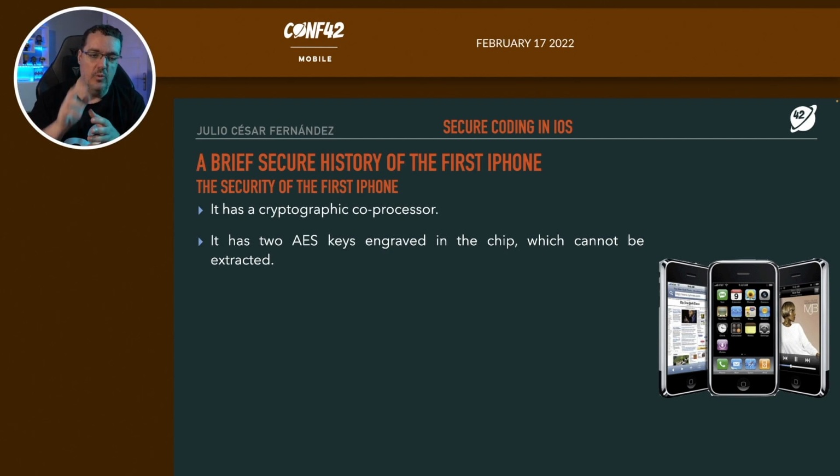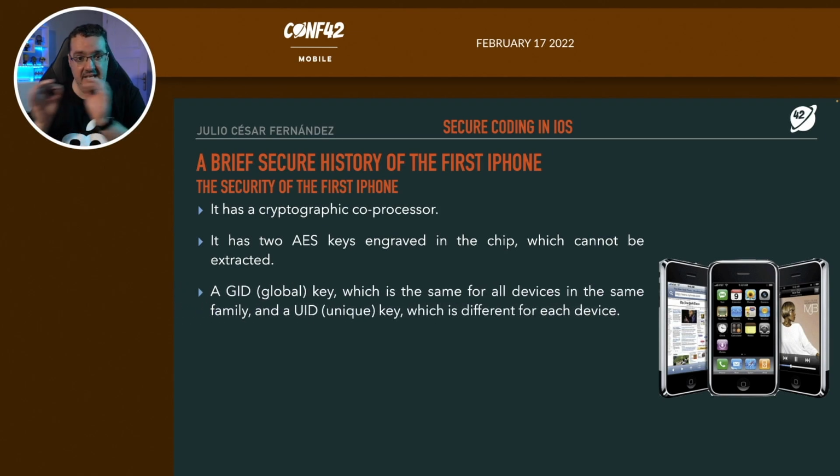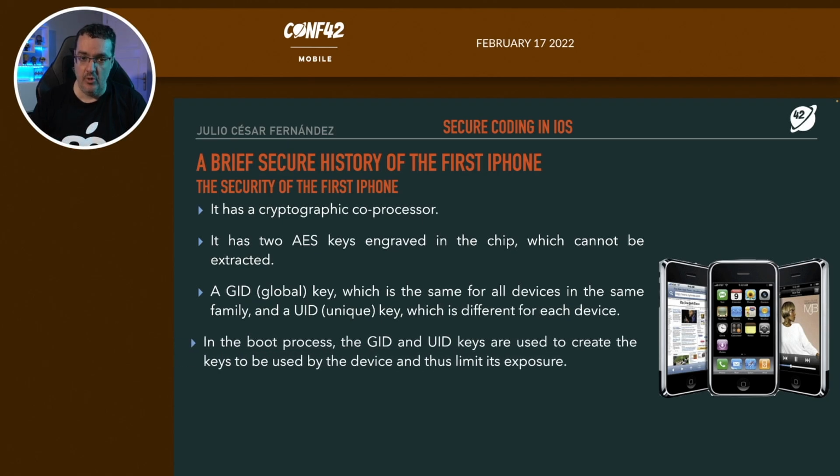It has two AES keys engraved in the chip, which cannot be extracted: a GID, a global key, which is the same for all the devices, and another that is unique for each device. The combination of these two keys is what the cipher needs to encrypt or decrypt data or validate the digital signature of the programs.